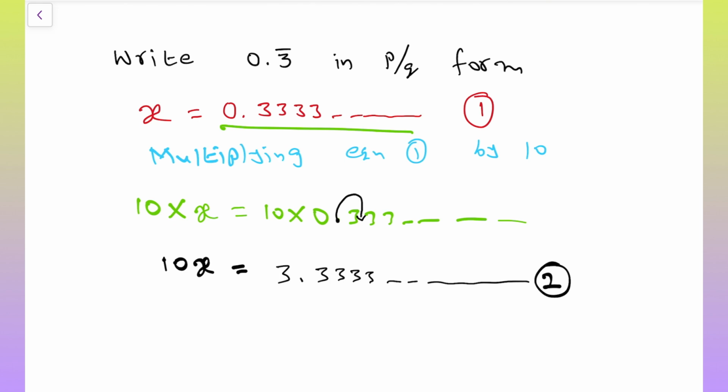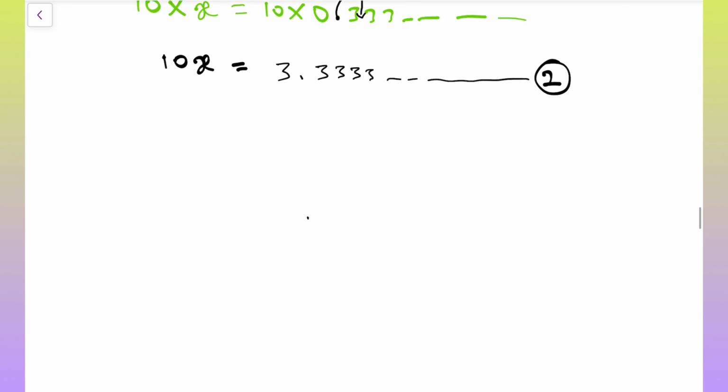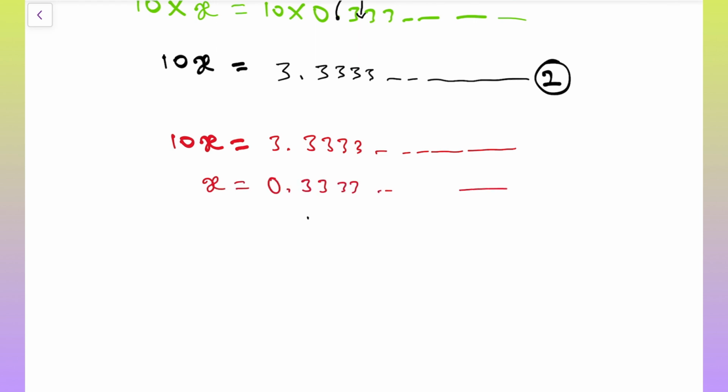Now we need to do the subtraction of equation number 2 and equation number 1. So equation 2 minus equation number 1. What is equation 2 we have here? As usual, 10x is equal to 3.33333 and so on, and equation 1 is x is equal to 0.3333 and so on.